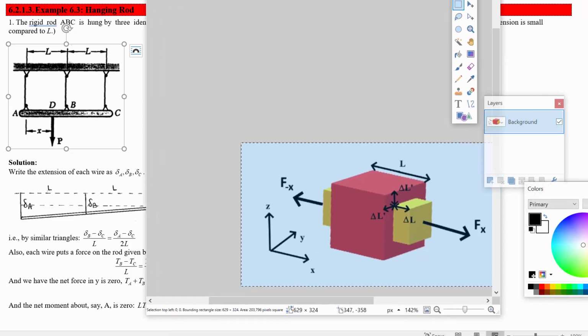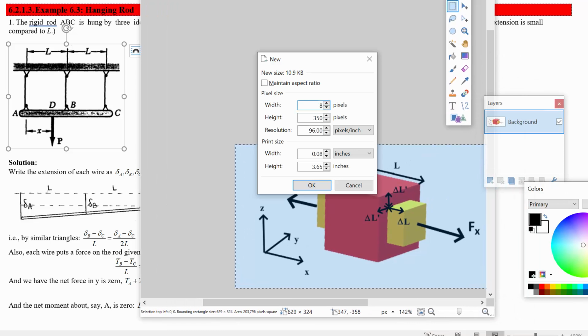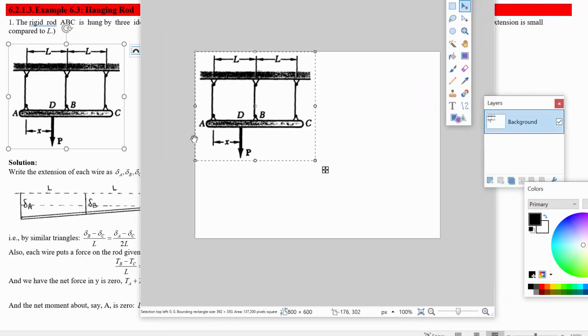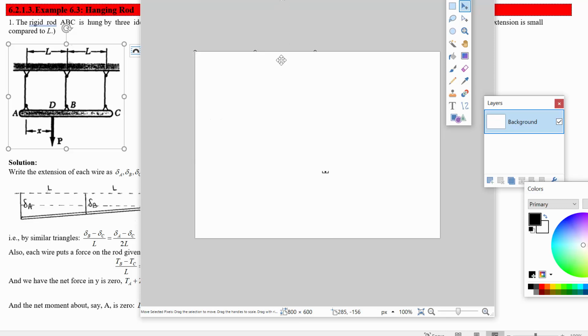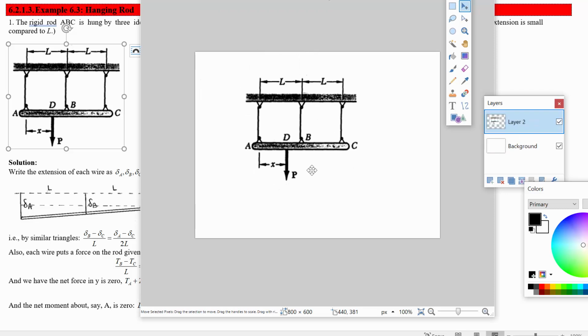So let's take a new thing and draw that in. You know what? Here's another thing you can do. Before pasting that, let's add a new layer, and then let's paste it, and then we can select different parts of it and eliminate them. So I might eliminate that, and now just draw in the vectors.